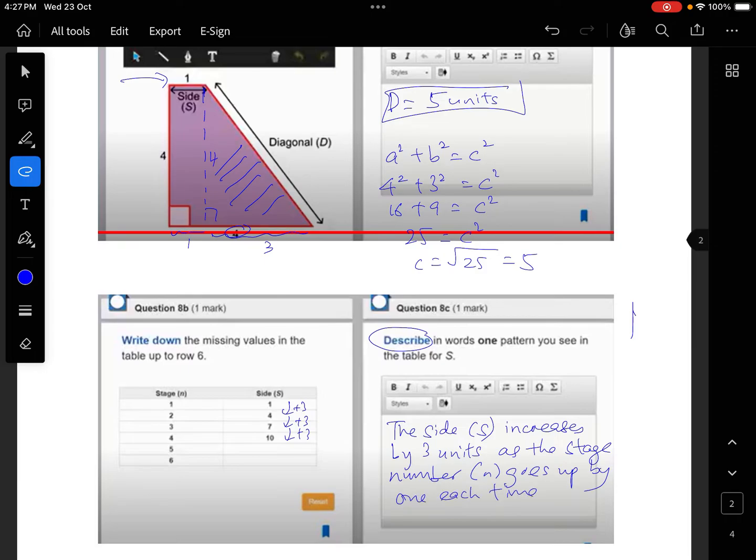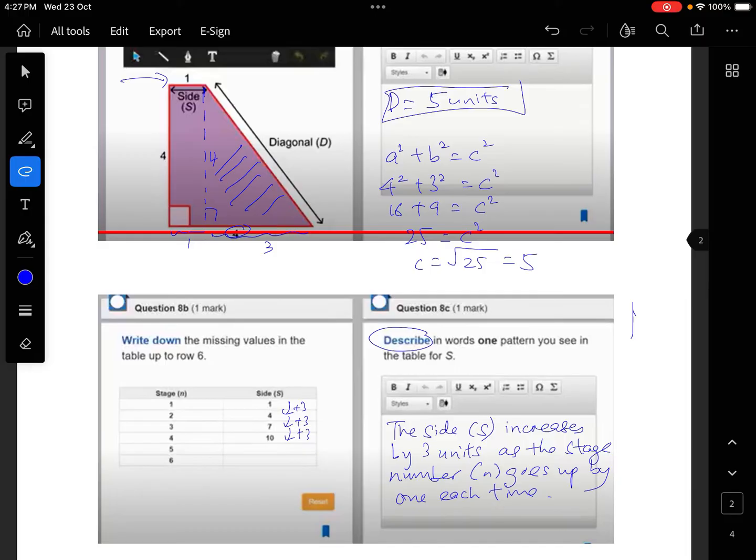There are many alternatives to the answer. You could say that the side length goes in an arithmetic progression, but I still think it's better to give a more detailed answer about how much the length has gone up, which is 3 units. That's the most obvious pattern that you would see, it's worth just a mark, and it should be an easy question as well.